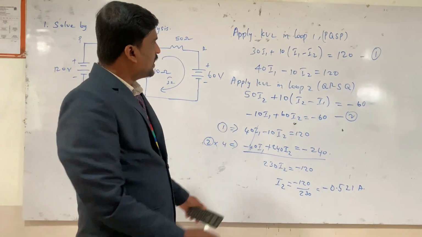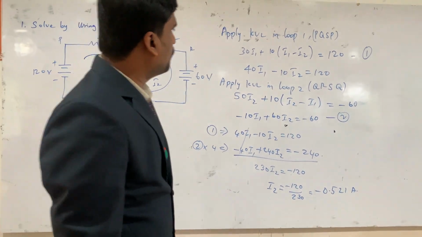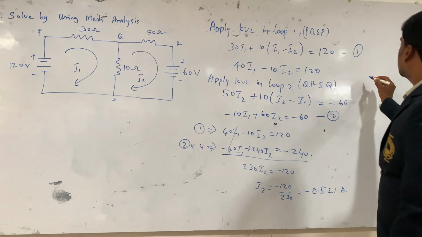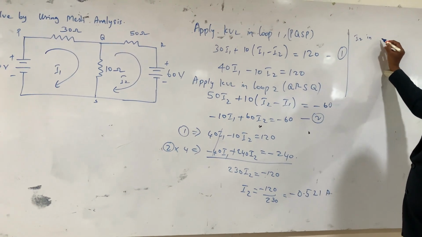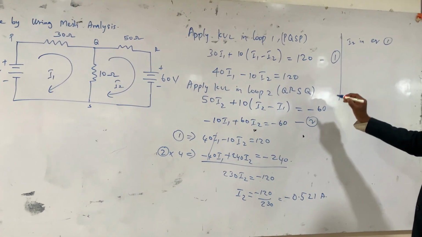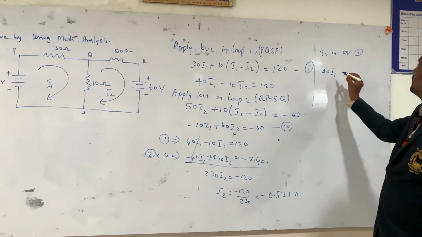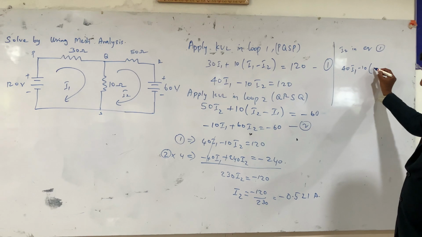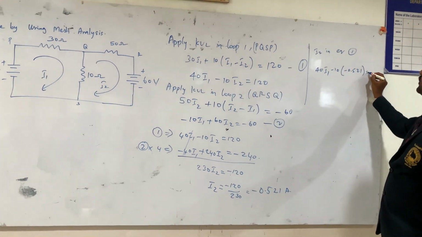Next we will substitute this I2 in any one equation and we will find I1. Let us substitute the value of I2 in equation number 1. So from 1, 40 I1 minus 10 into minus 0.521 is equal to 120.